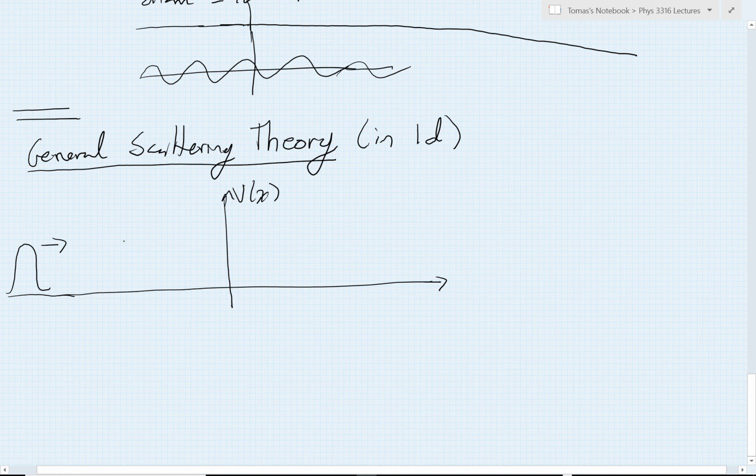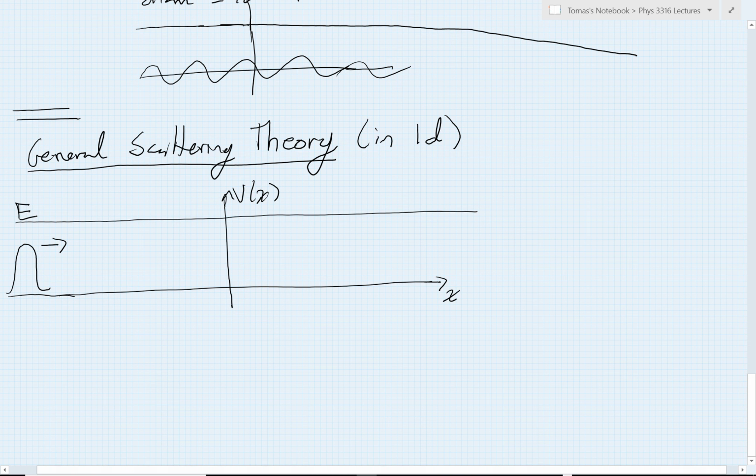We will just define our x-axis so we can keep generality as pointing in the same direction as my incoming packet. So my packet's going to come in, and it will have some energy level E, with some energy E, or concentrated with momenta very close to E.